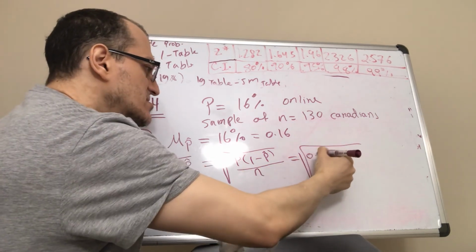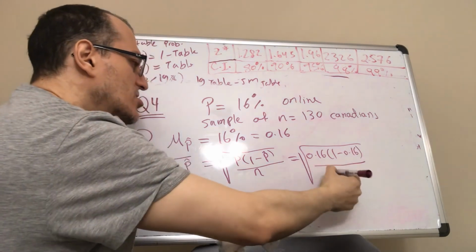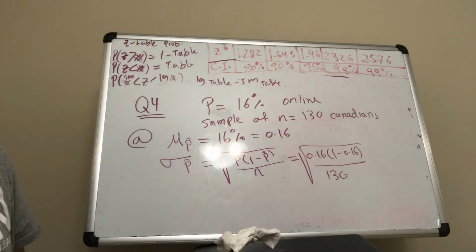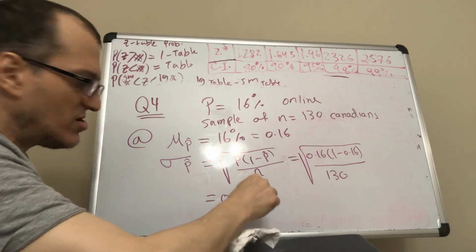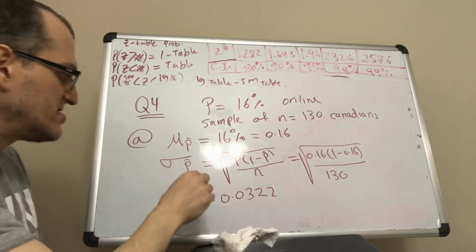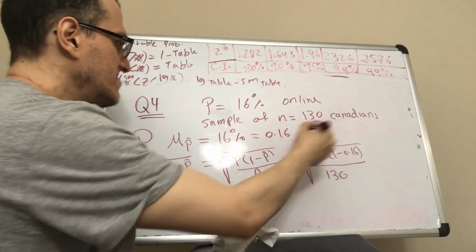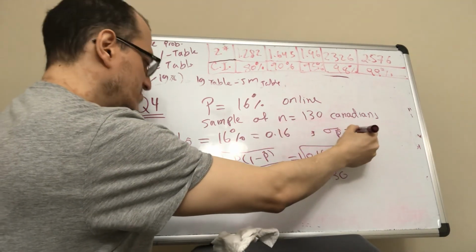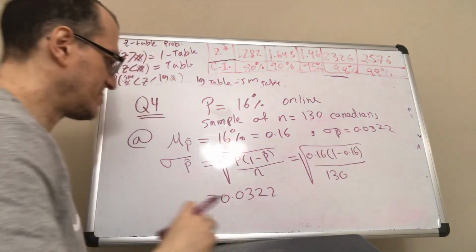So it would be 0.16, 1 minus 0.16, over the sample size 130. And the answer is 0.0322. That's your sigma proportion. So I'm going to add them here: mu proportion, and sigma of the sample proportion is 0.0322.